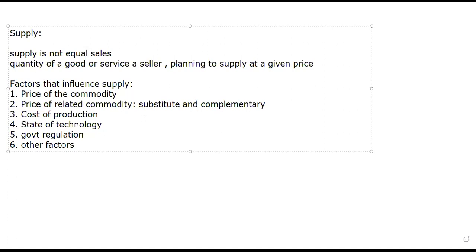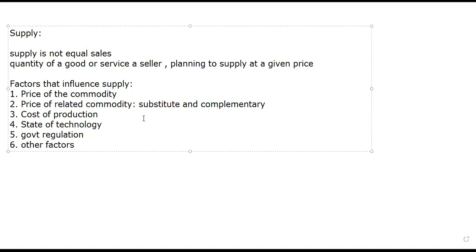Even if, for example, any commodity is not at all being demanded, we can see a whole lot of such examples in agricultural commodities. You can find farmers producing and producing, and nobody wants that commodity at all.